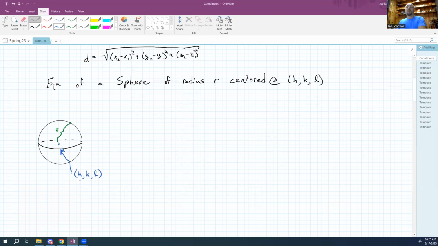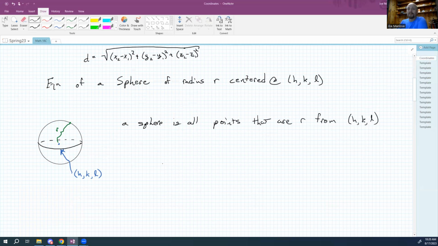Okay, so what do I know about points on the boundary? I know they're all r from the middle. So I could write this down in what's called the kind of rhetorical math style. I could write a sphere is all points that are r from h comma k comma l, right?